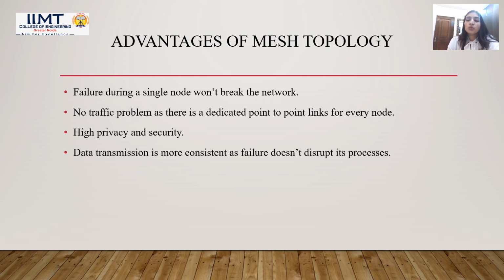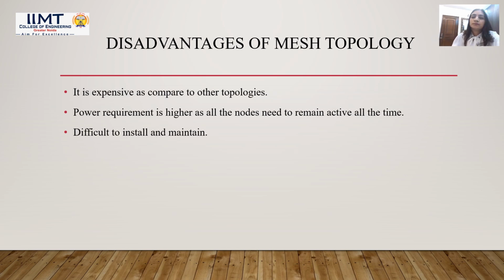Communication between nodes is very fast. Next point is more security and privacy in mesh topology because of the point-to-point connection of nodes. Next point is more data transmission consistency because the failure of any link does not disrupt its process.